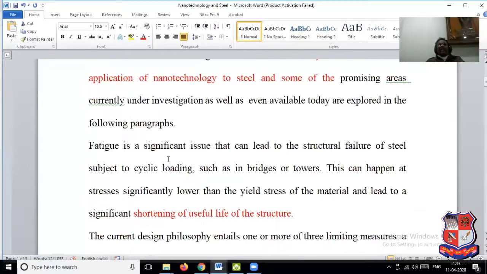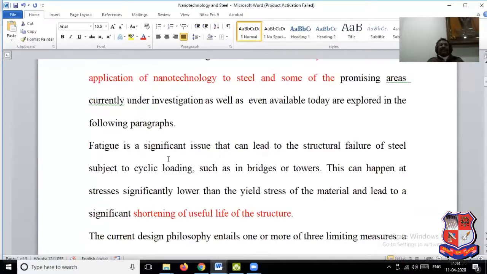And this cyclic loading is not only due to weight, but also due to the weather. Suppose in winter and monsoon we have a temperature that is totally different compared to summer. That is also one kind of cyclic loading, and it also affects the lifespan of any structure.